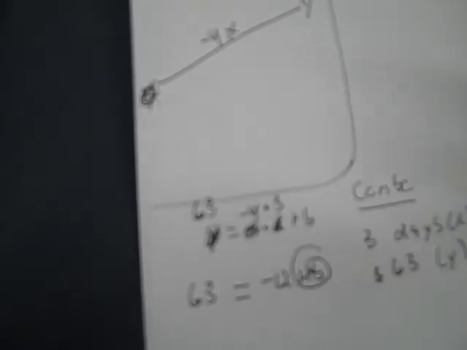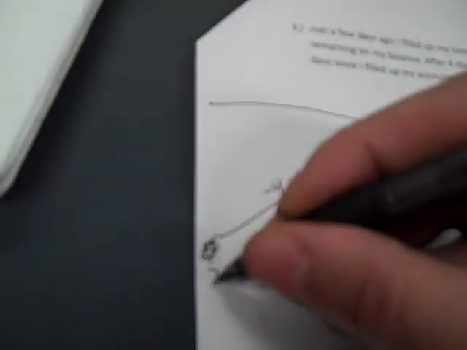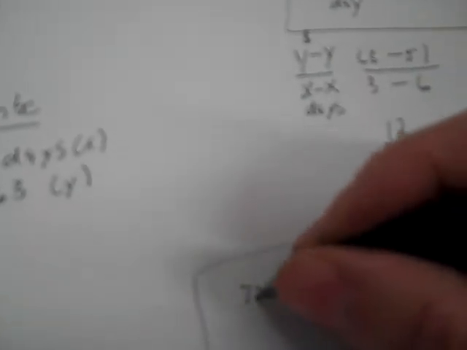Remember, it's the negative 12 that's with the b, so that's the one we have to switch to adding, okay? So that's 75, and then we have b. So 75 goes here. Okay, so my equation is 75 plus negative 4x equals y.